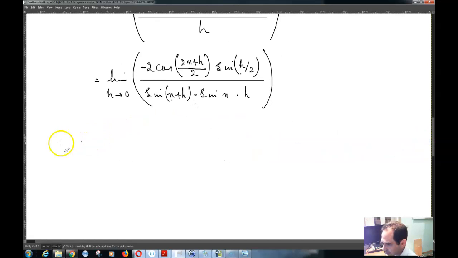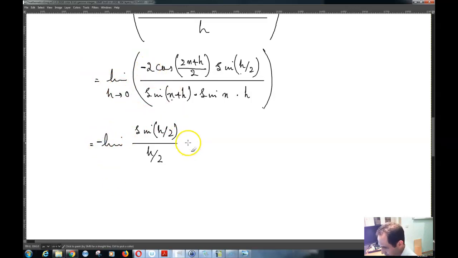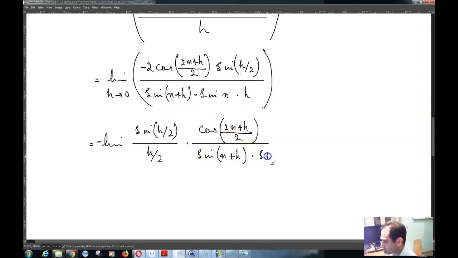And then I can write this as the limit of sine h divided by 2, taking this h and this 2 and writing it as h divided by 2 in the denominator, and taking this negative out, and over here I can write cos of 2x plus h divided by 2 over sine x plus h times sine of x.